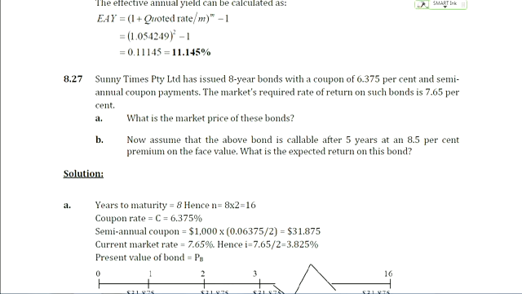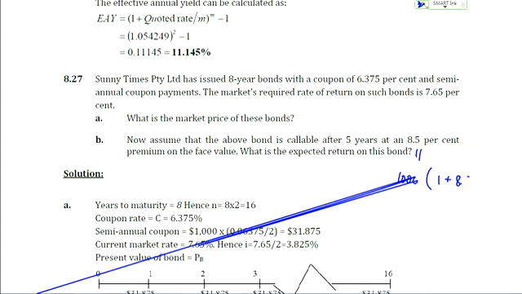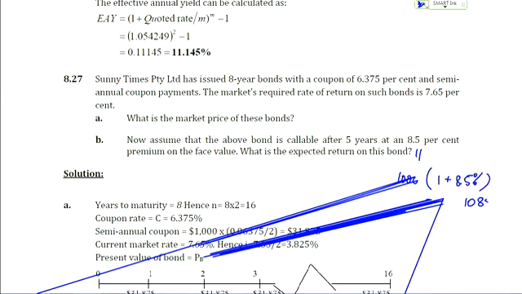Here, the bond is callable at an 8.5% premium. It means that the issuer can make a decision whether that firm wants to buy back the bonds at a price of 1,000 times 1 plus 8.5%, which is 1,085.